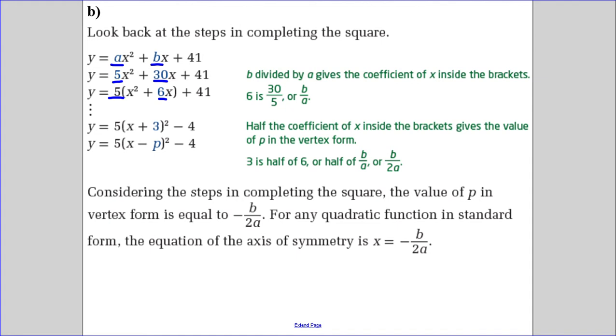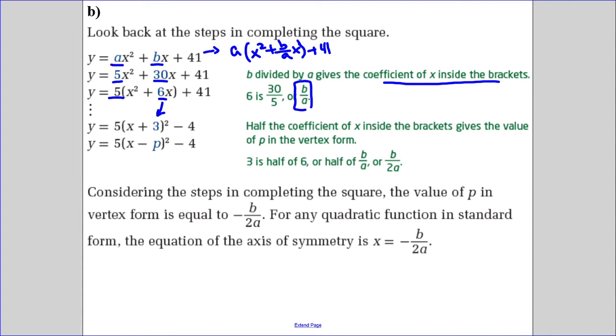So from my original equation, when I factor out the a, I'm left with x squared plus b over a times x. That's my first step. Dividing gives a coefficient inside the brackets, and 6 is 30 over 5, or it's b over a. After that, remember we did the whole completing the square step: half that number, squared.